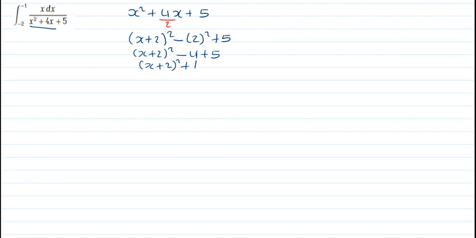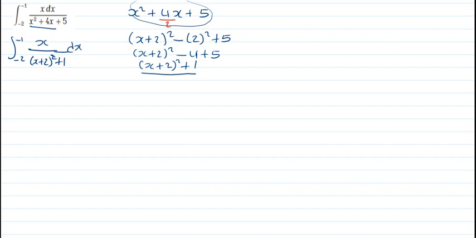So instead of having the whole lot of this expression here, we can simply replace it with this completed function. So putting back, we're going to have the integral with limits -1 and -2 of x over x plus 2 squared plus 1 dx.